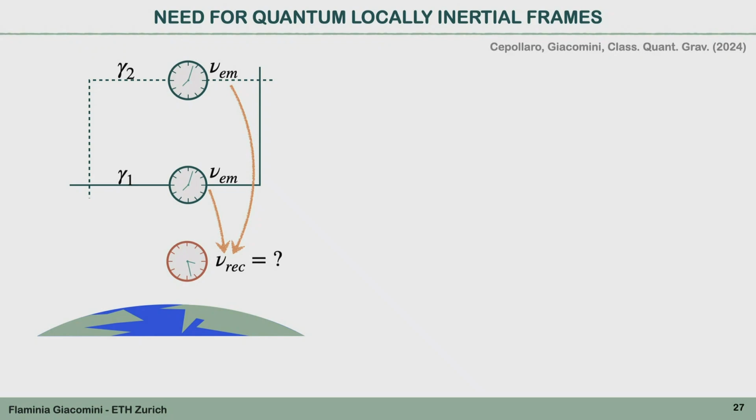Imagine this first clock sends a photon to the second clock, and in the quantum reference frame of this clock, it emits it with a certain frequency. And then we ask, how is the second clock going to receive it? What is the frequency of the second clock? There is no well-defined frequency because the clock is in a quantum superposition of positions in a gravitational field. So in other words, according to the second clock, the first clock doesn't know how to tick.